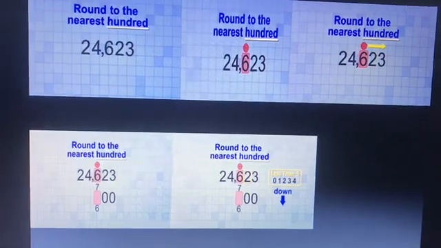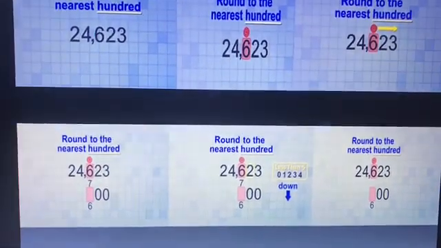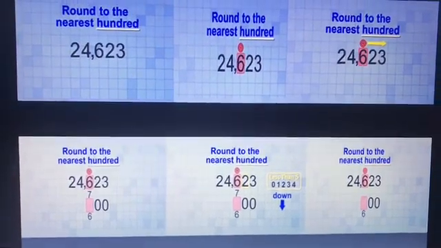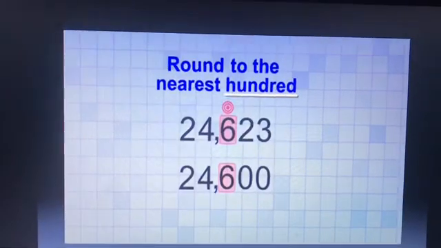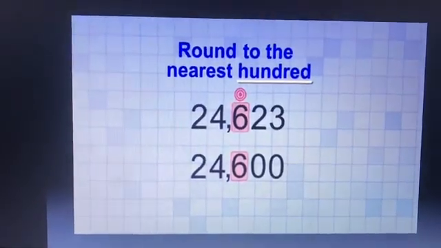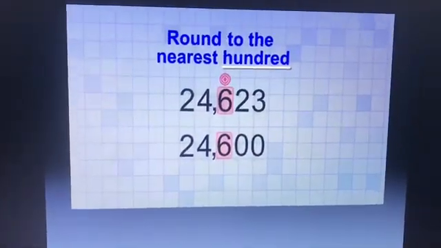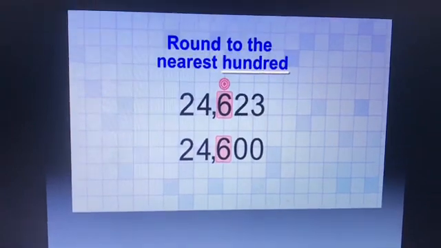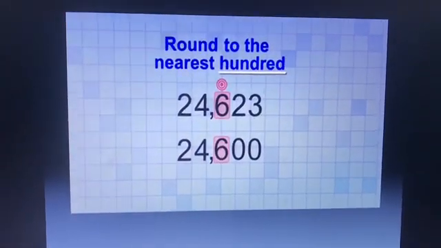So depending upon this, 6 will remain 6 only and we will not give 1 to it. So what does the answer become? The answer to this is 24,600.